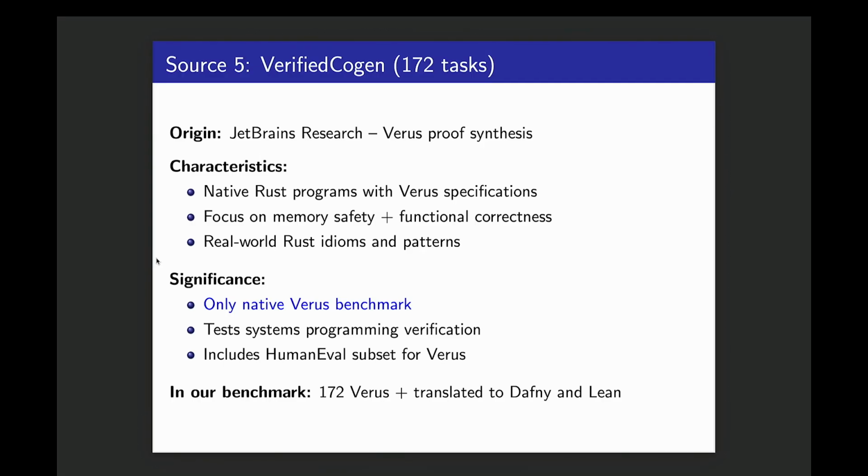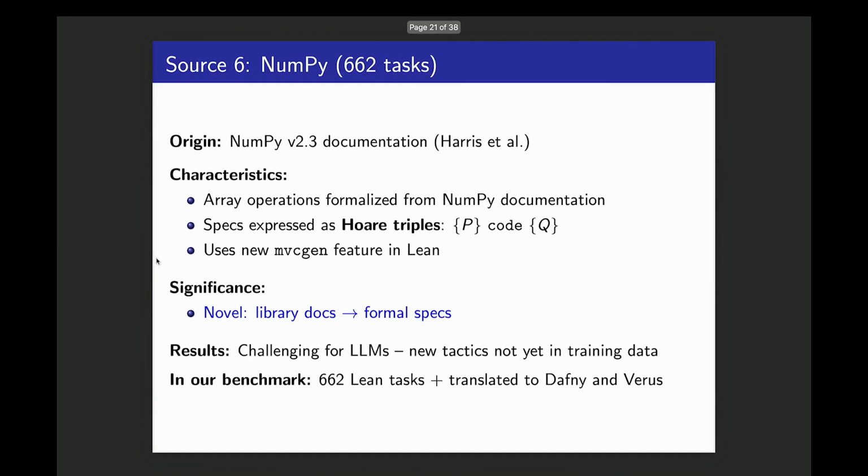Then this is for Rust. We took some of the Rust bench. They have a model of human eval, but we looked at their human eval modeling and could see that some tasks are not great. So even for Rust we don't yet have a formalization of human eval like we have for Lean.